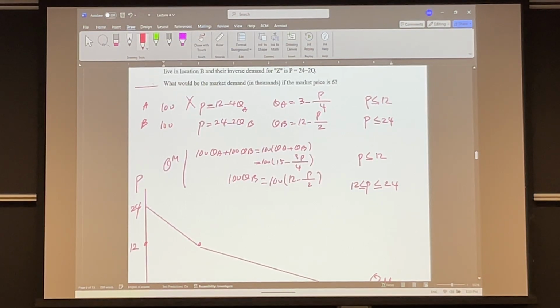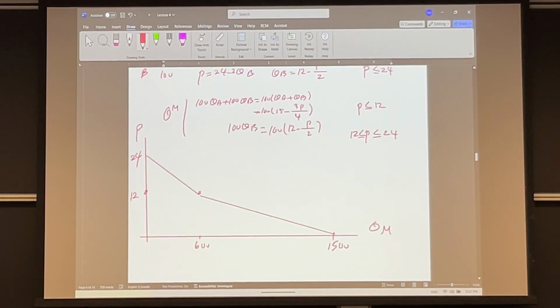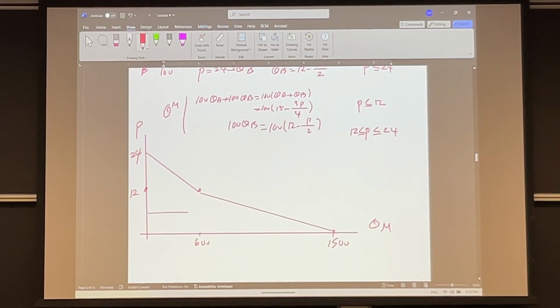Suppose the price is 6. What's the demand? If the price is 6, you're looking at which part of demand? This one, right? So put 6 there, what do you get? If the price is 6, you're looking at this piece of demand.